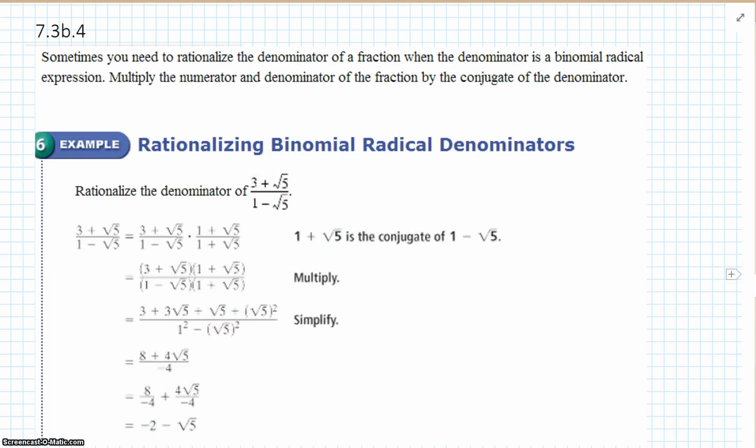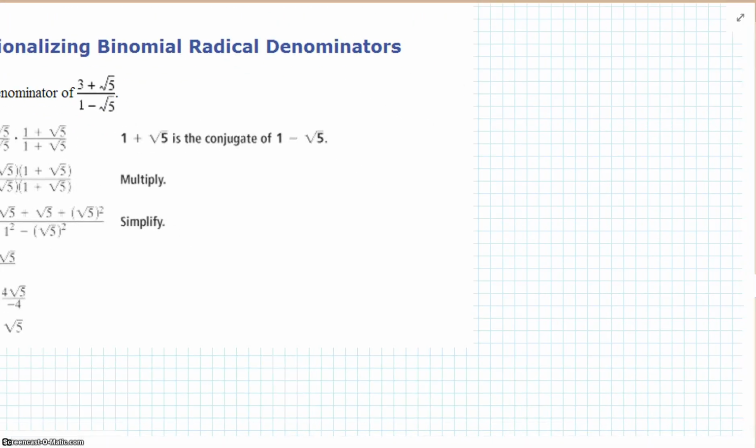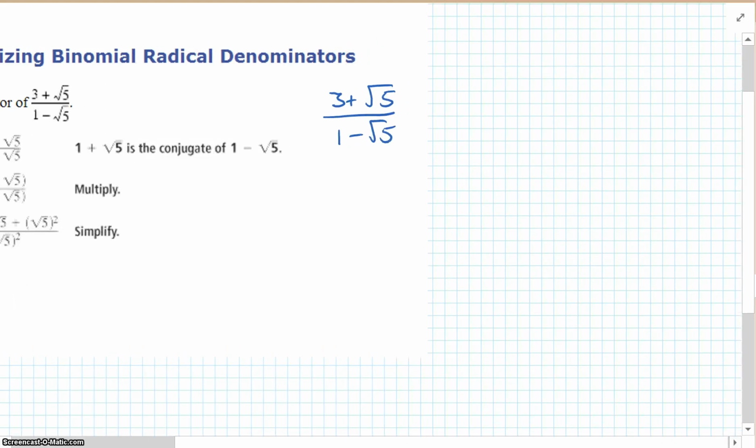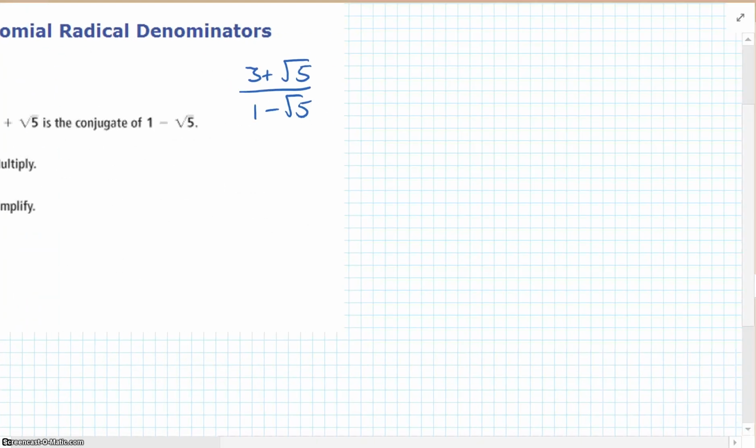Next example. Sometimes you need to rationalize the denominator of a fraction when the denominator is a binomial radical. Multiplying the numerator and the denominator by the conjugate is how we get rid of it. So rationalize: we have 3 plus the square root of 5 over 1 minus the square root of 5. We need to get rid of the radical sign on the bottom.